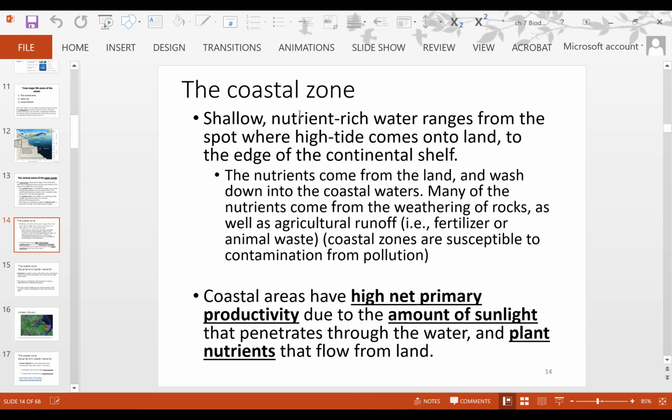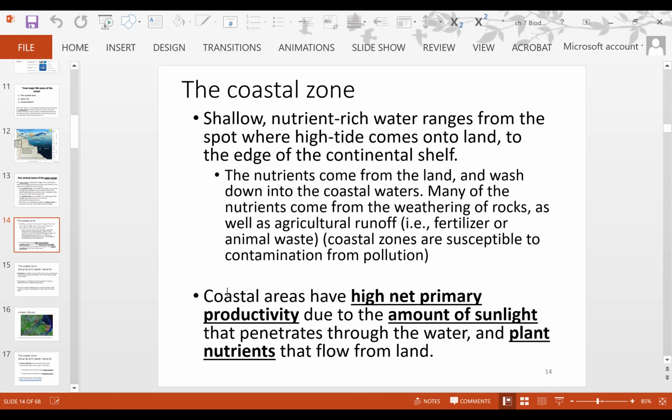And the nutrients that are in that water area come from the land and they wash down into the coastal water. Many of the nutrients come from the weathering of rocks, as well as agricultural runoff like fertilizer or animal waste. Animal waste would be like manure, for example.